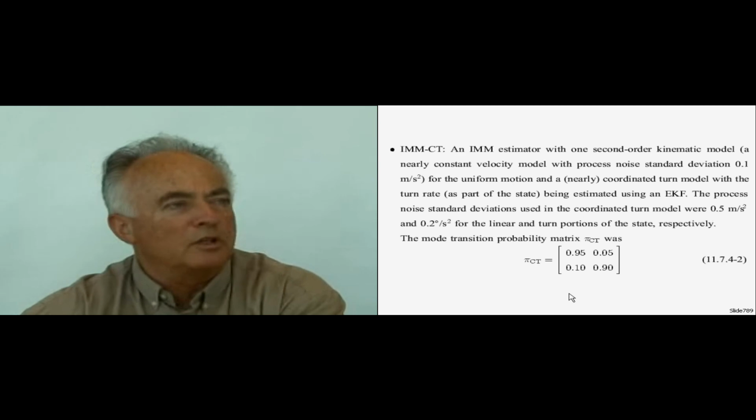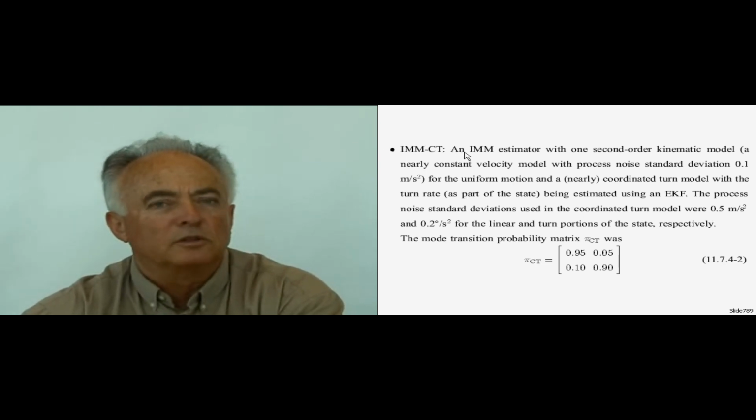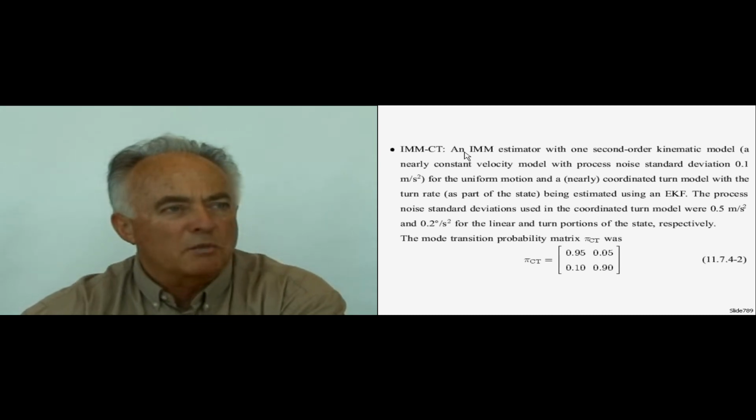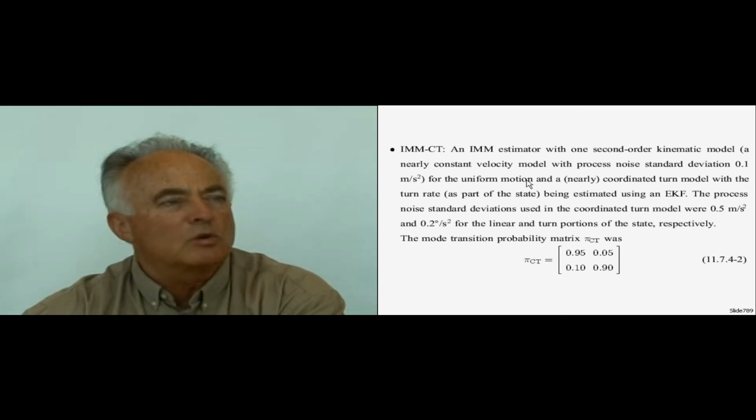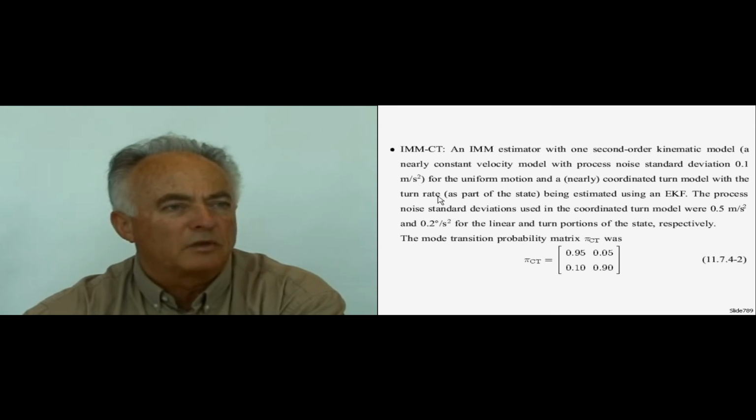The third one is IMM-CT. That's the third filter or state estimator configuration. It's an IMM with a second-order kinematic model with low noise, again the same 0.1 meter per second square for the uniform motion, and the nearly coordinated turn with a turn rate as a state number 5, using an extended Kalman filter.